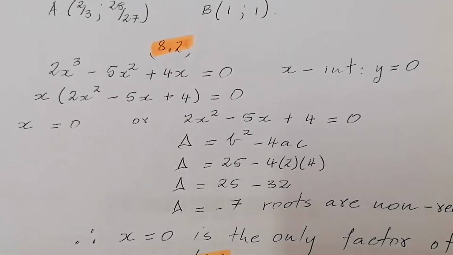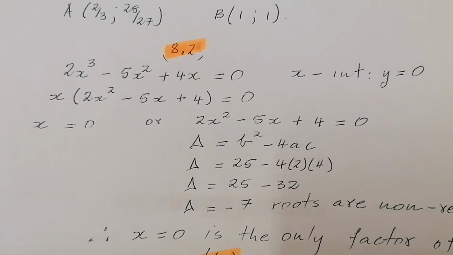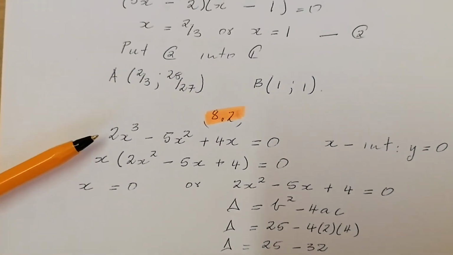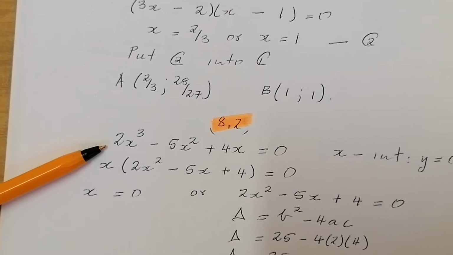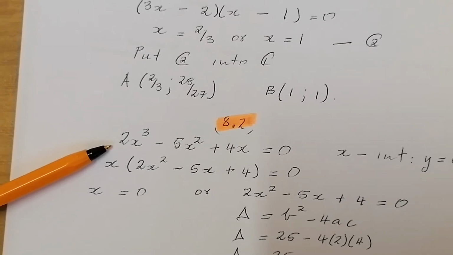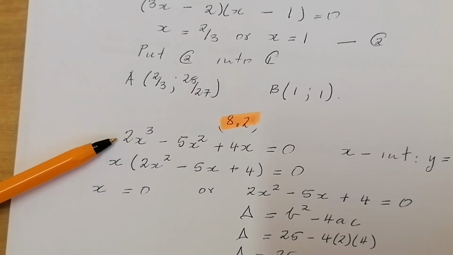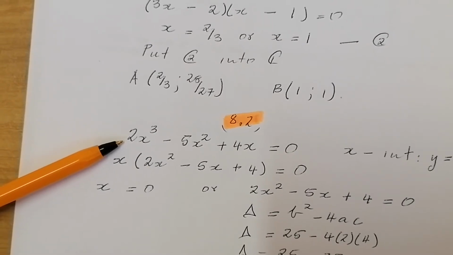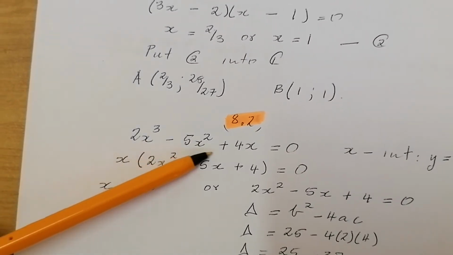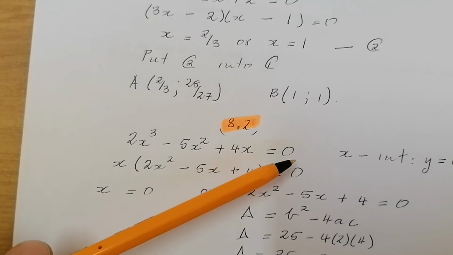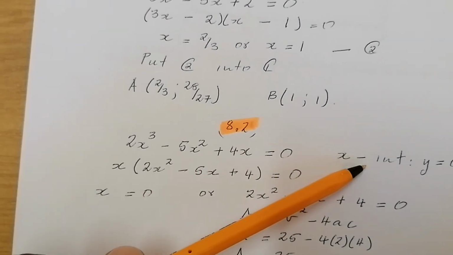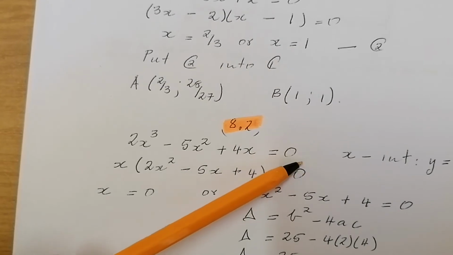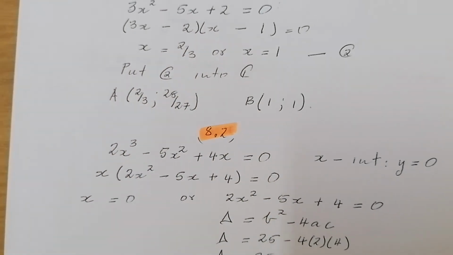Now, for the y-intercept, we know that into the original given equation, we must substitute x by 0. Now, if we do that, this would be equal to 0. It says to us, the x-intercept is also the y-intercept of this graph.